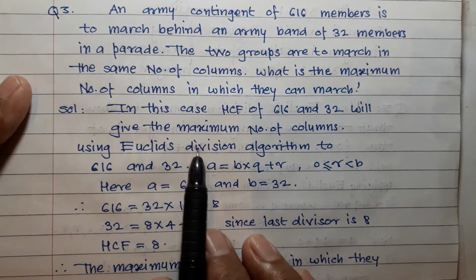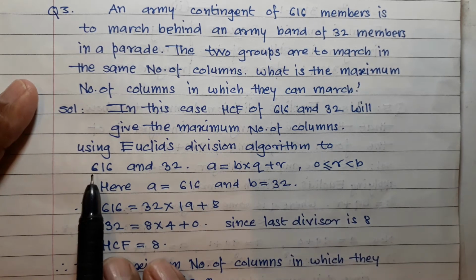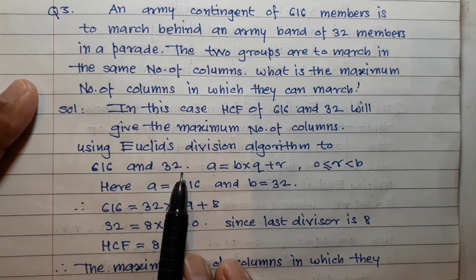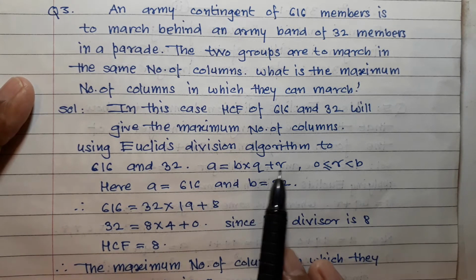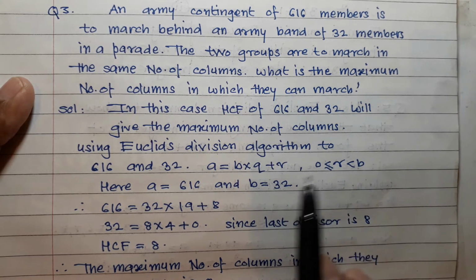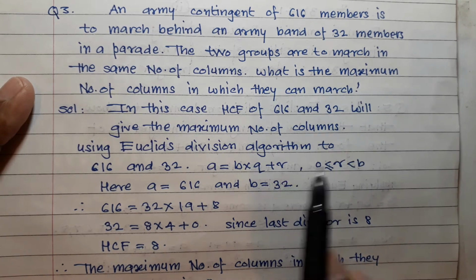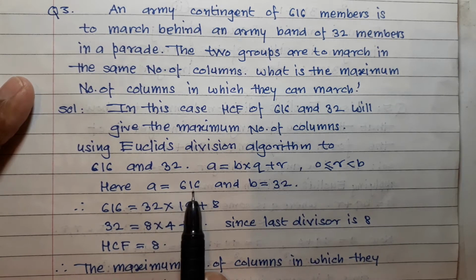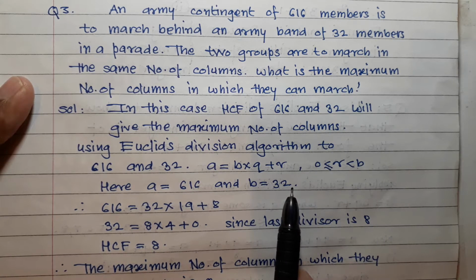Okay, using Euclid's division algorithm to 616 and 32, a = bq + r, where r is less than b, r is equal to 0 or greater than 0. Here a is equal to 616 and b is equal to 32.